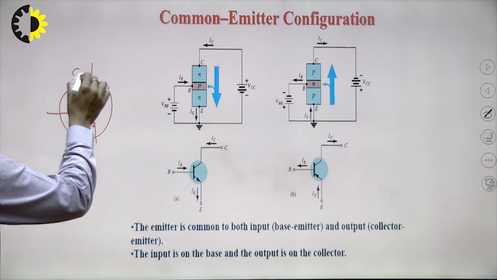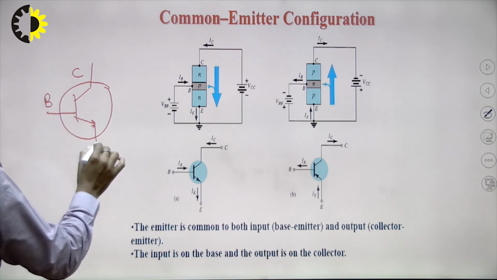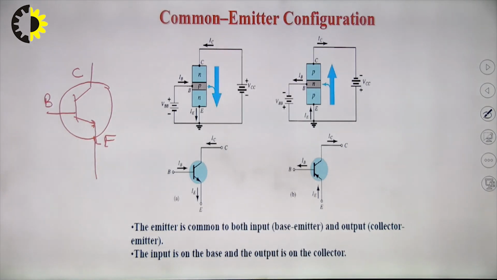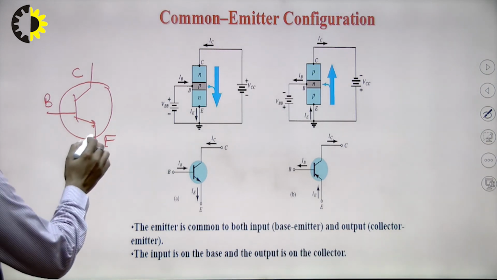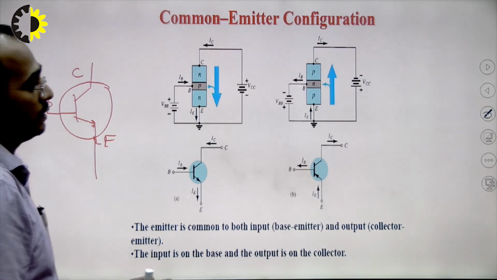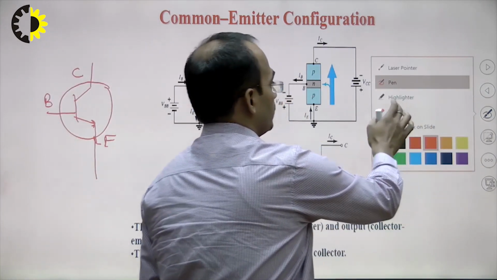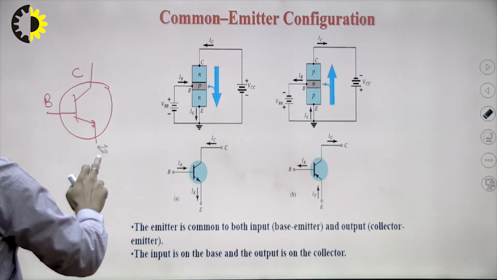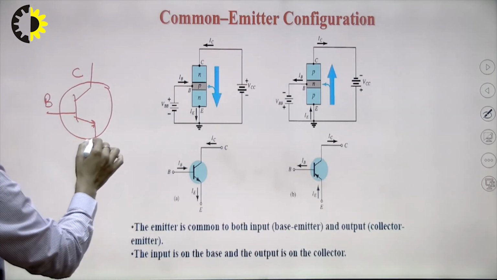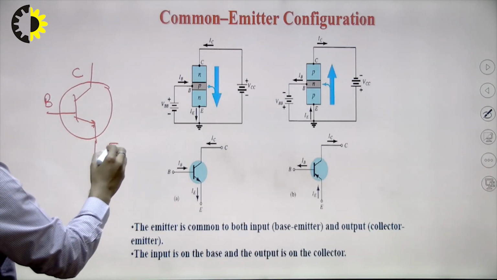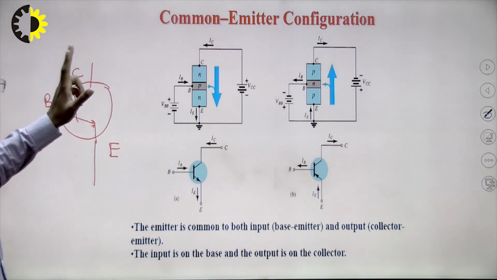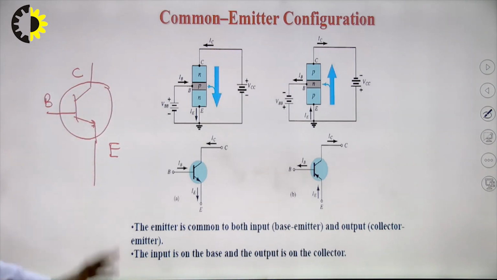This is the collector terminal, this is the base terminal, this is the emitter terminal. So, what I have to do? I have to make this emitter terminal common. By making this emitter terminal common, we will give the input between the base and emitter terminals and take the output between the collector and emitter terminals.